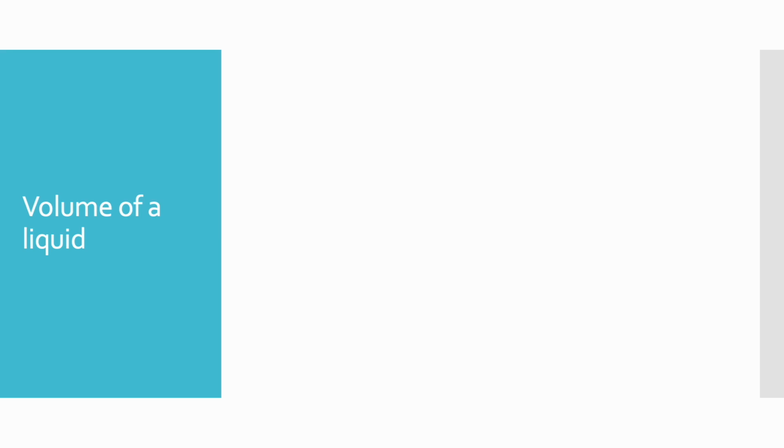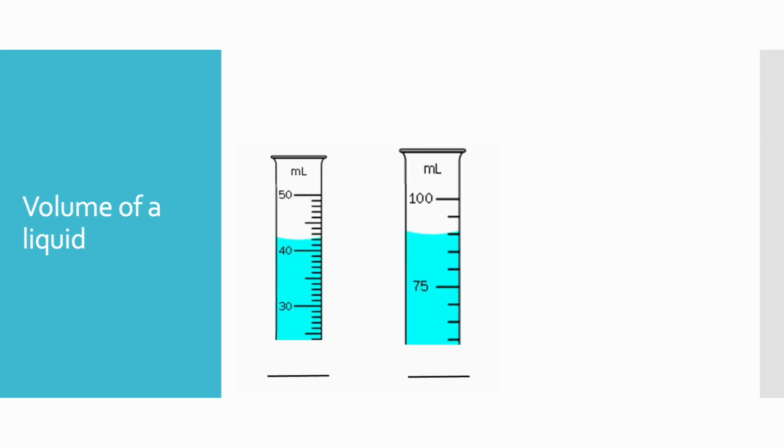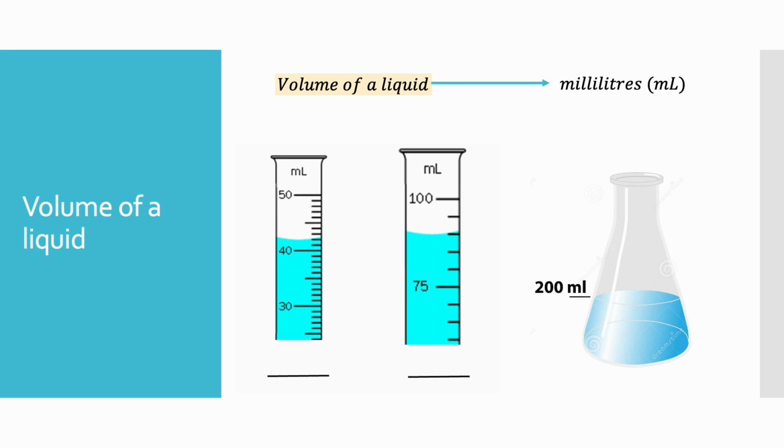For smaller amounts of liquid, we use milliliters. Here we can see a measuring beaker. One shows 40 ml and another shows 75 ml. And the flask on the right has 200 ml of liquid. 1000 milliliters, please remember this. 1000 milliliters is equal to 1 liter.